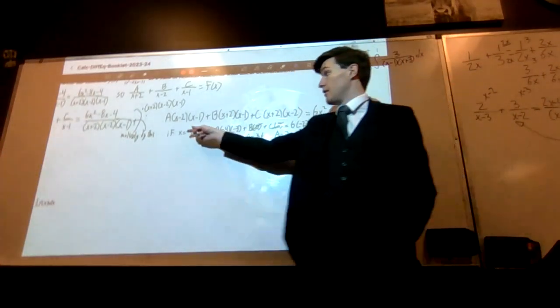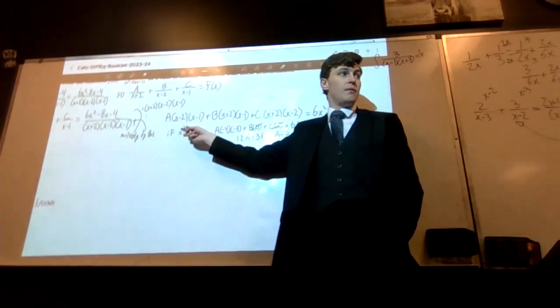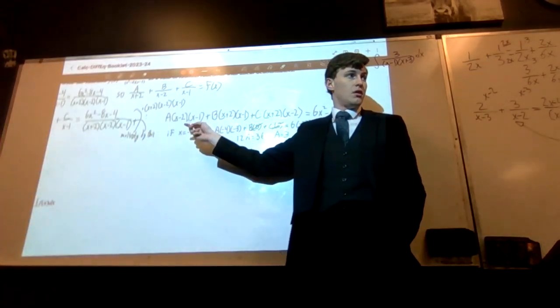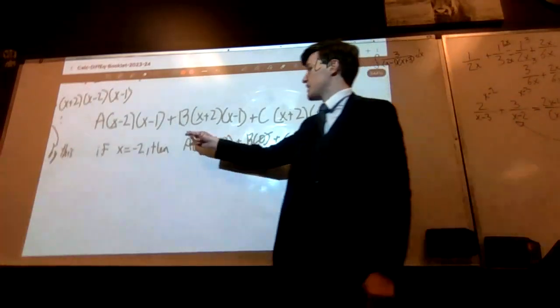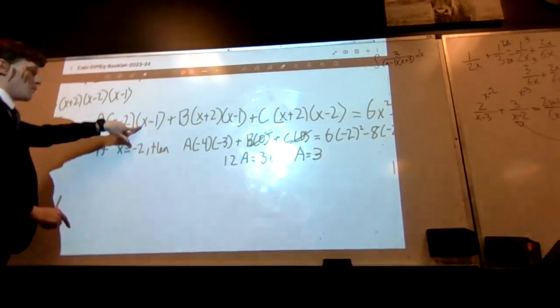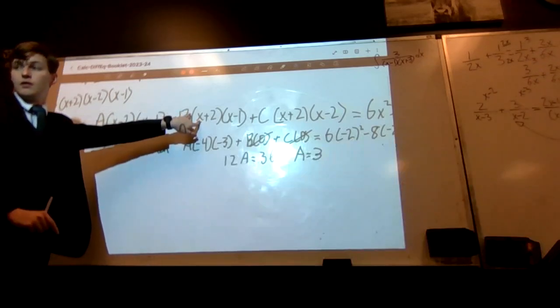No, not for a, because if we use negative 1, would a have canceled? Positive 1, you mean? Yeah. So you have to use something that's going to give you 0. If you look here, what's going to give you 0? 2, 1, or negative 2. So would we use positive 1 to find c?